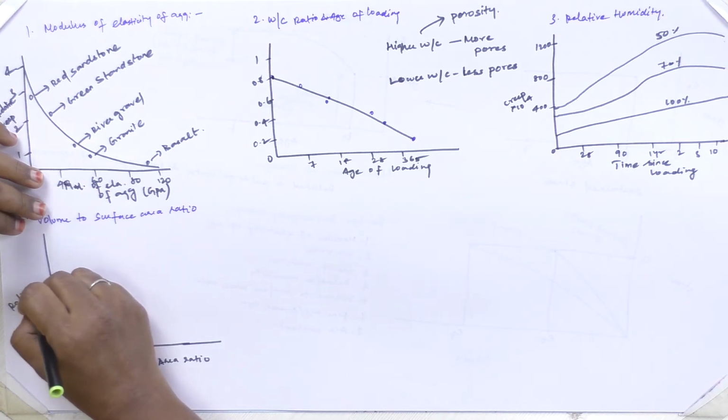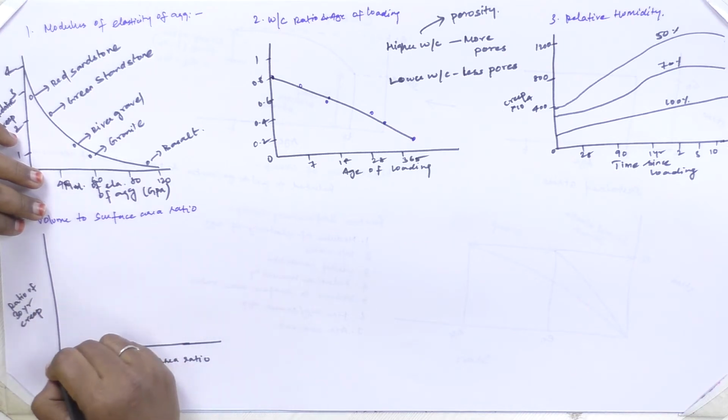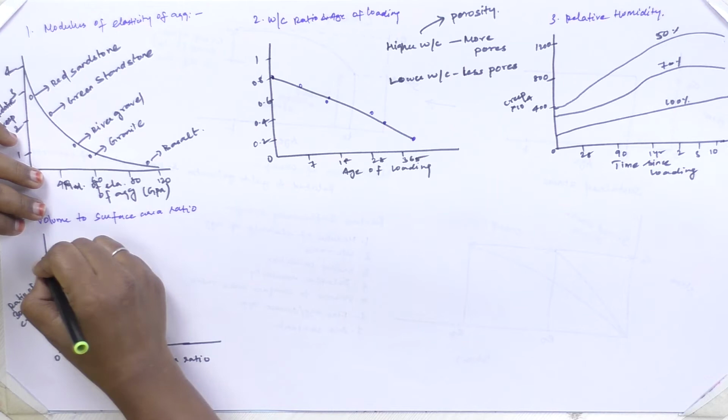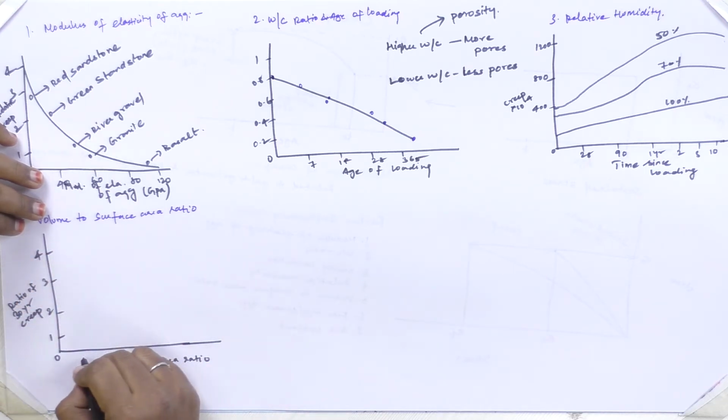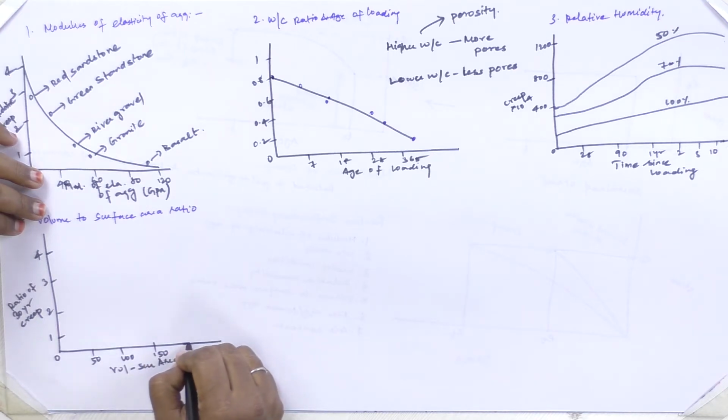This is the ratio of 30-year creep, with values 50, 100, 150.